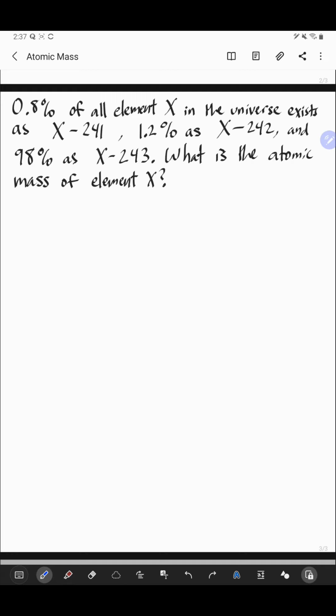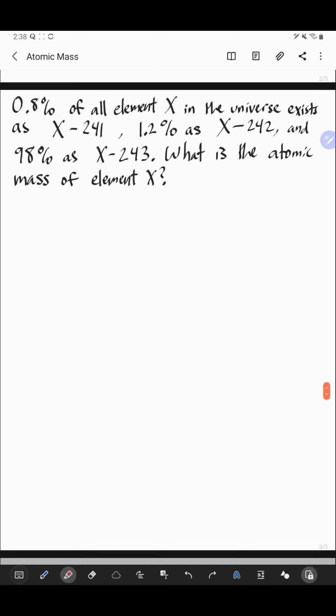All right, here we go with solving it. We're calculating relative atomic mass. And so first I'm going to highlight the mass numbers. So we have 241, 242, and 243. All right, and we said that 0.8% of all element X in the universe exists as X241.